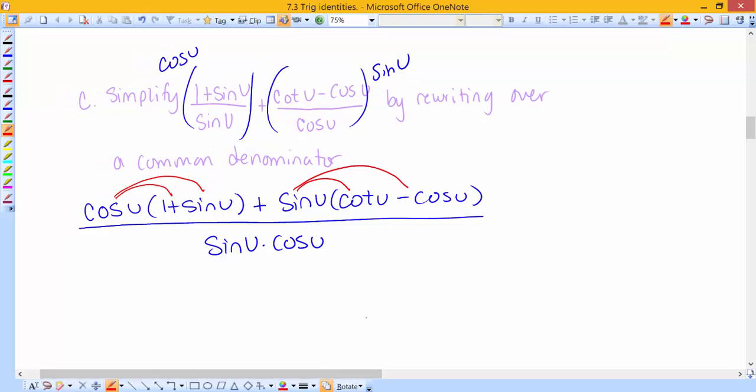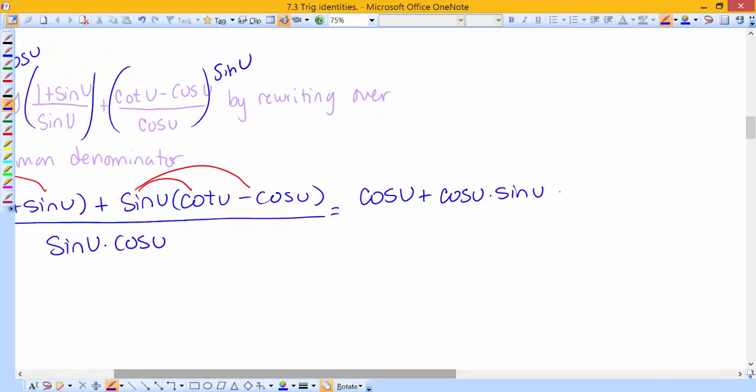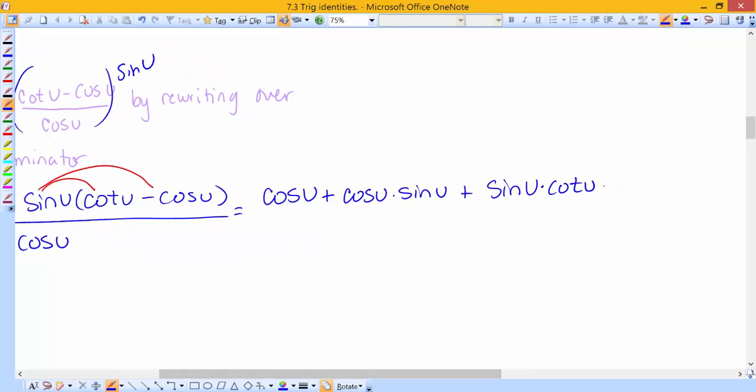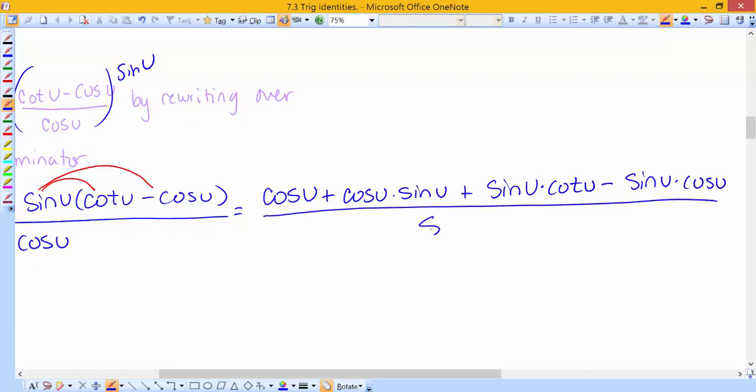So now cosine times 1 is cosine. Cosine times sine is cosine times sine. Plus sine times cotangent minus sine times cosine. All over sine cosine.